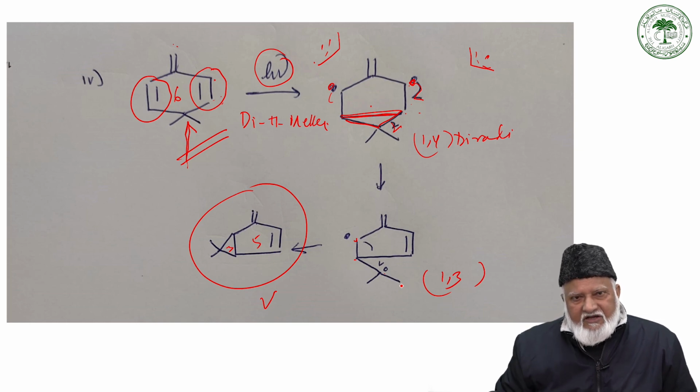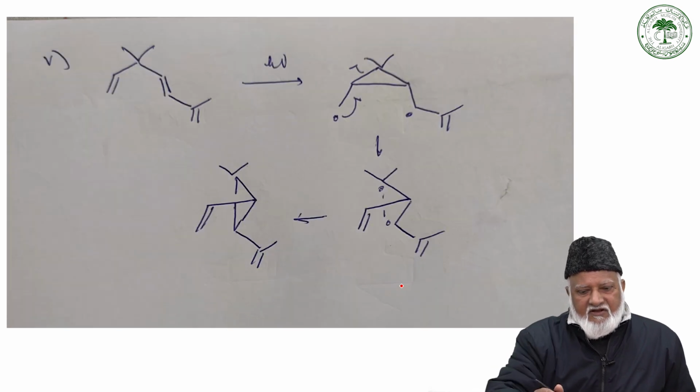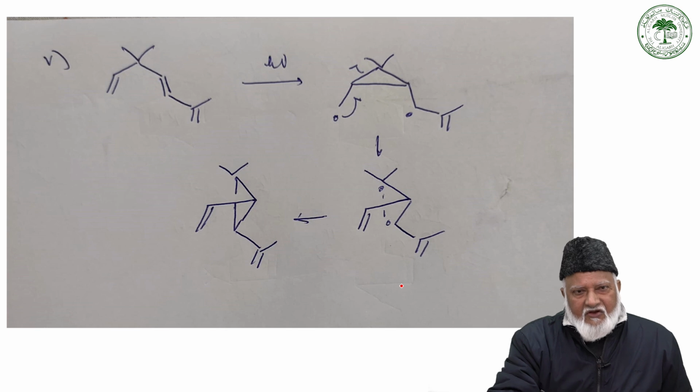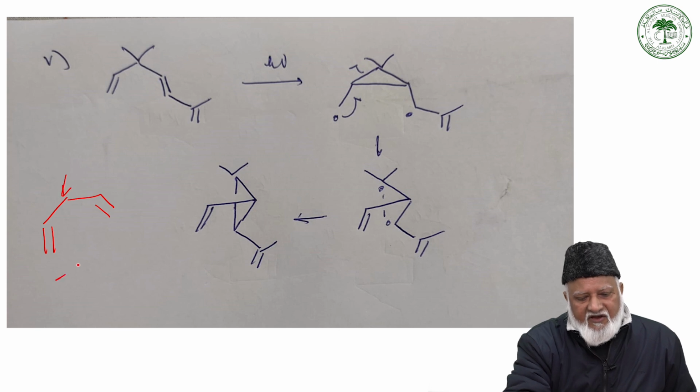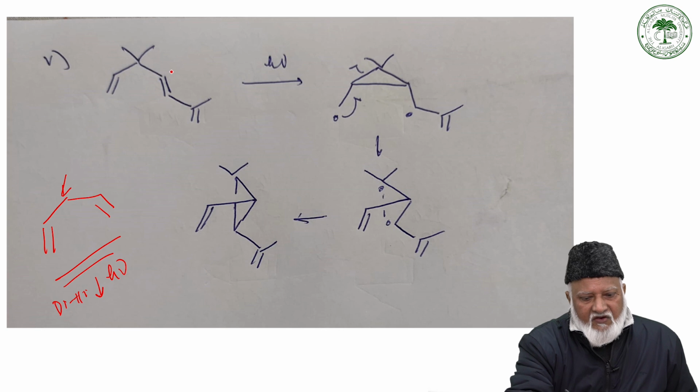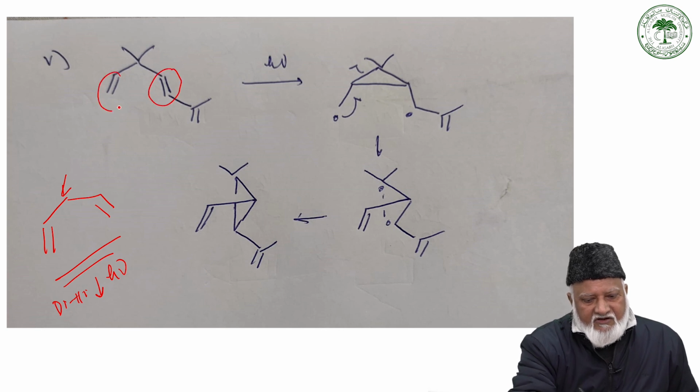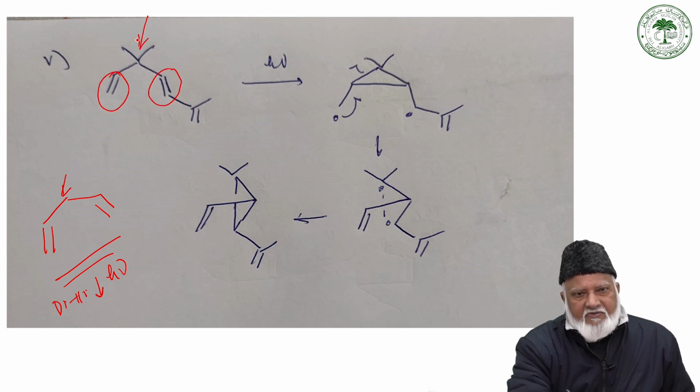Going to the next example from the series which we have shown earlier. If you critically look into this, you have to see the basic criterion for a di-pi-methane rearrangement: two double bonds separated by a methylene group. Whenever you have a system like this, it may undergo di-pi-methane rearrangement under photolytic condition. So you see one double bond here, another double bond here, separated by a methylene group.